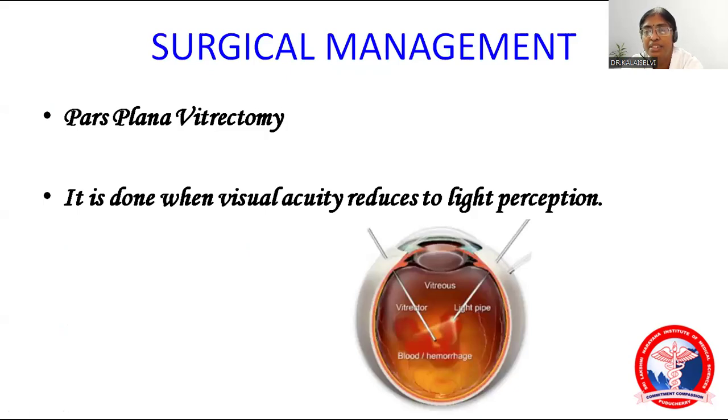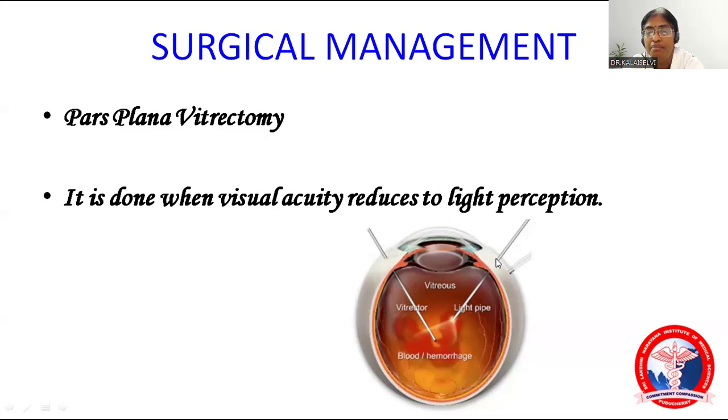Coming to surgical management, in a day or two, if there is no response, then we resort to surgical evacuation of the inflamed or infected material. Posterior vitrectomy is done, in which the vitreous full of infected cells is removed.